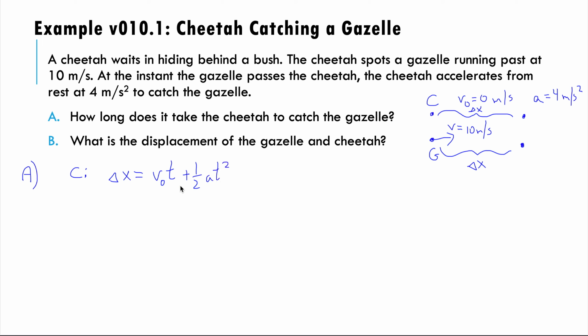And then for the gazelle, what equation do we use to find its displacement if it's moving at a constant velocity? So think about it for a second. When you're moving at a constant velocity, you can say that the velocity you're traveling at is your average velocity, because that's the same thing. If it's constant, then that's also going to be your average velocity for the whole trip, because it's not changing.